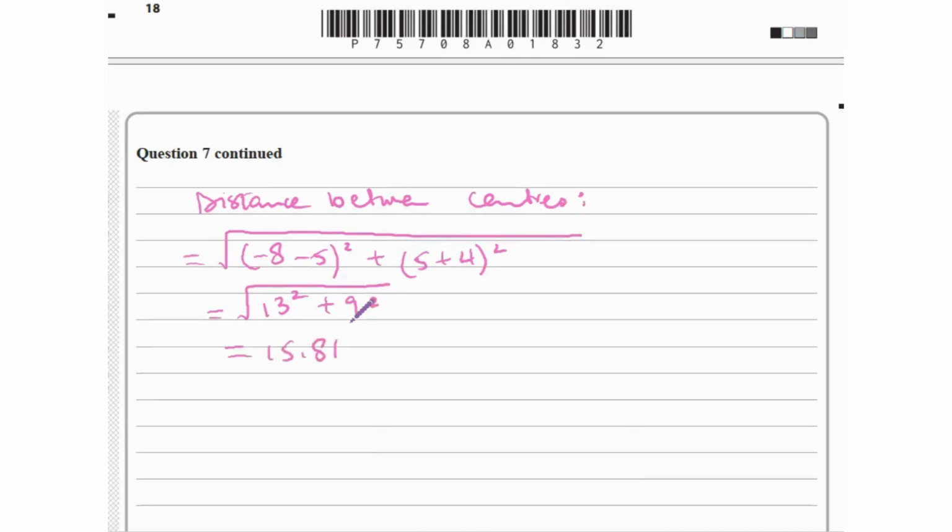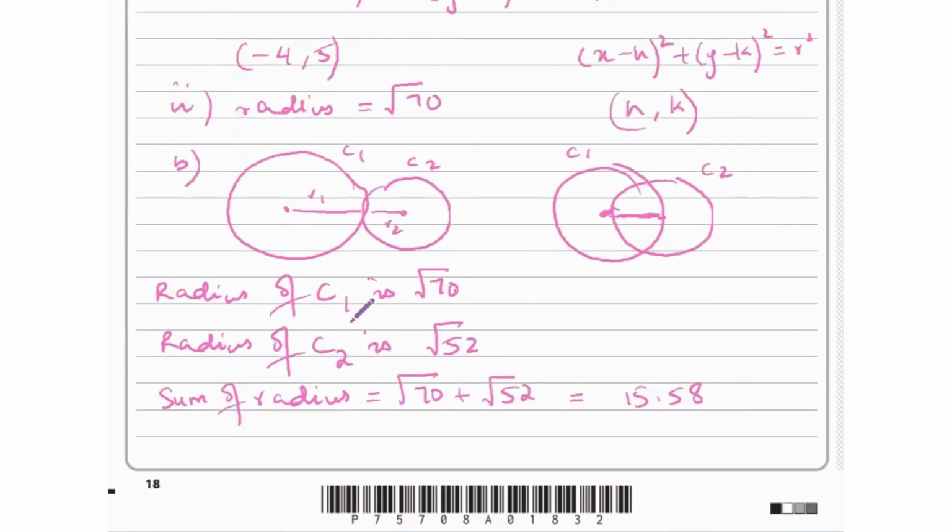Now, if we think about this logically, the sum of the radii is given as 15.58 based on our calculation. And over here, when the circles are overlapping each other, the distance between the centers is calculated as 15.81.